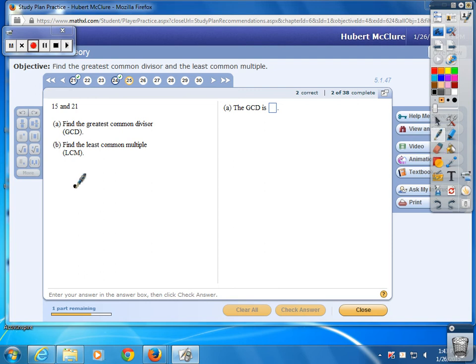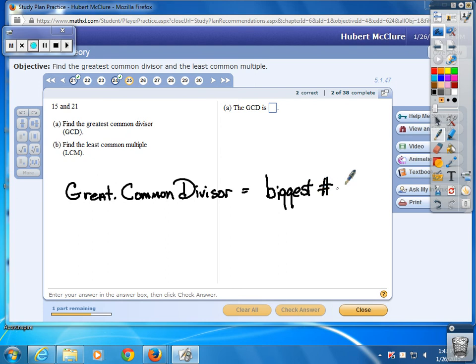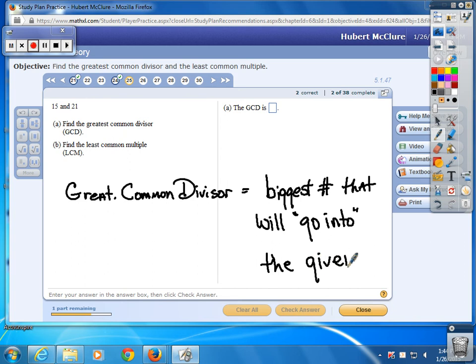The greatest common divisor is the biggest number that will go into whatever the given numbers.